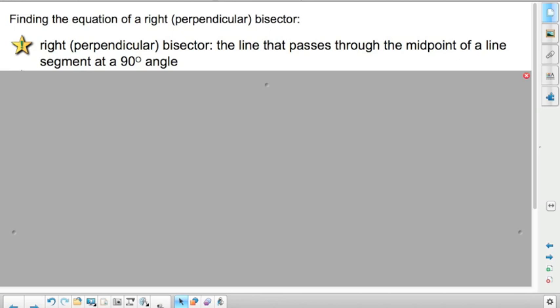A right bisector is the line that passes through the midpoint, or the middle, of a line segment at a 90-degree angle.